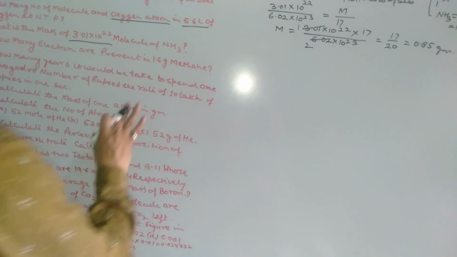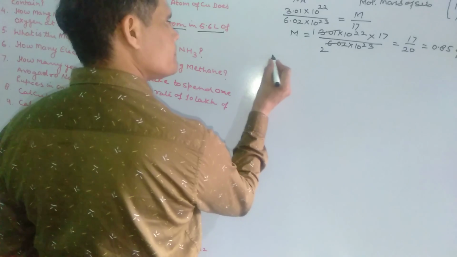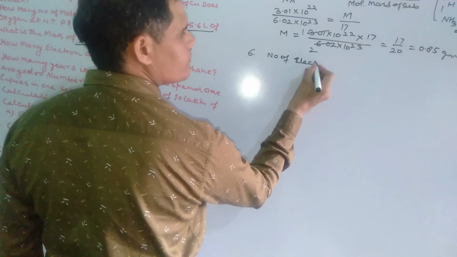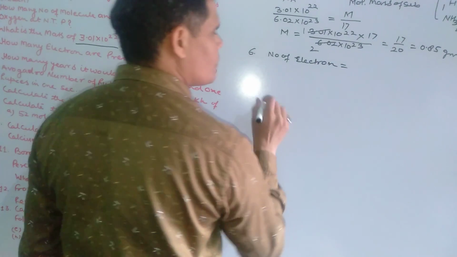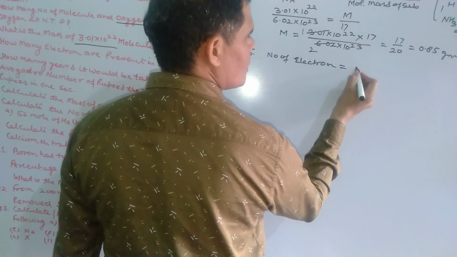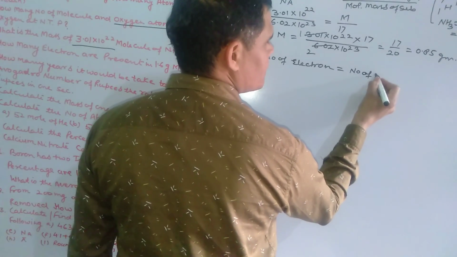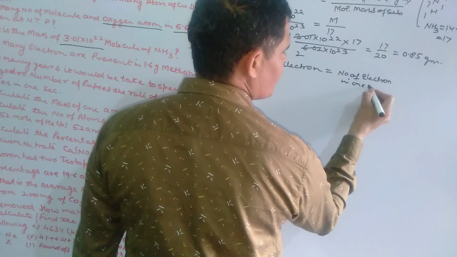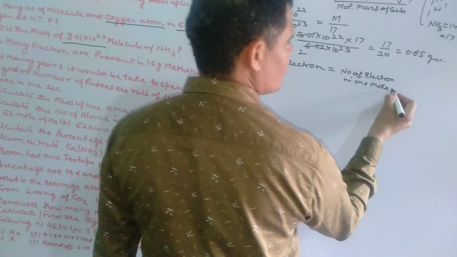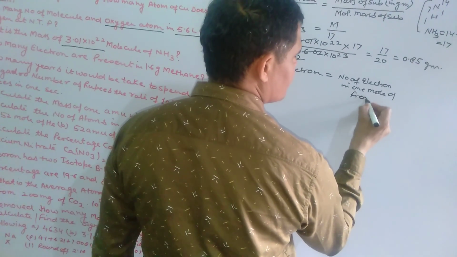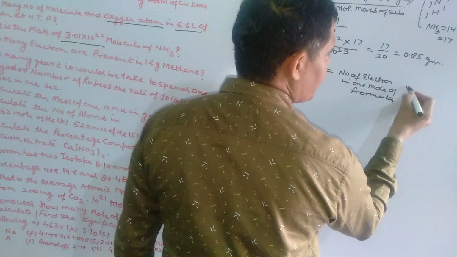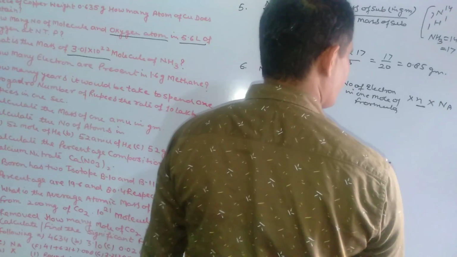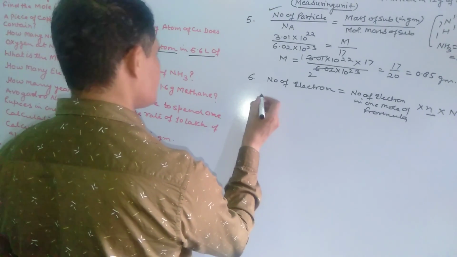There is a simple formula to find the number of electrons: number of electrons in 1 mole of formula into n, number of moles, and Avogadro number.